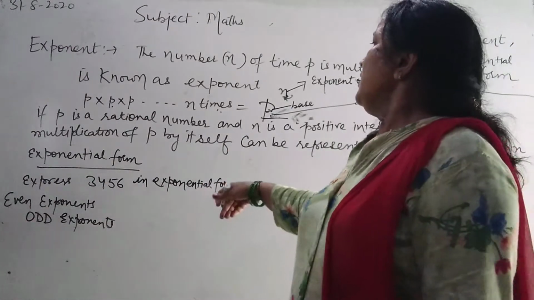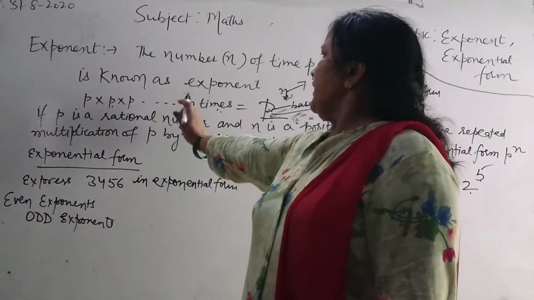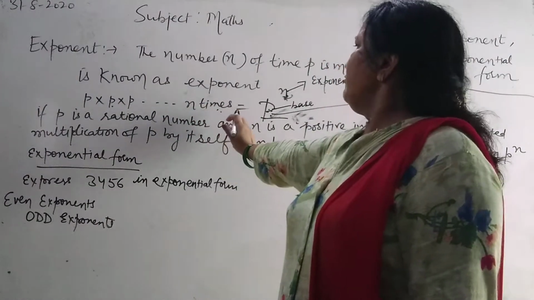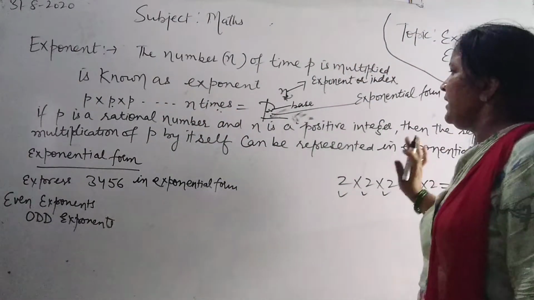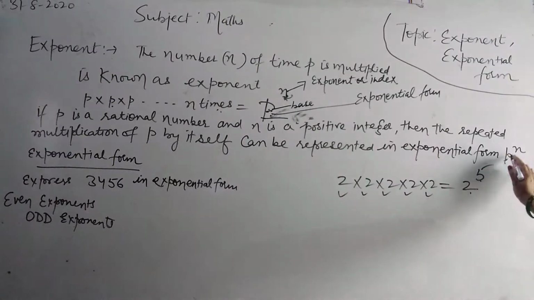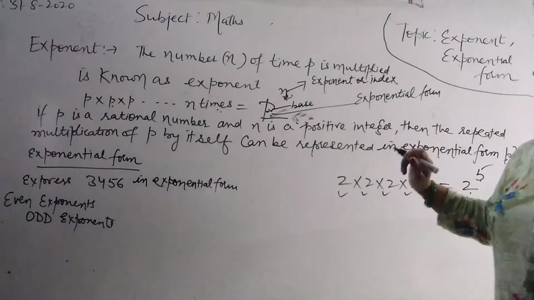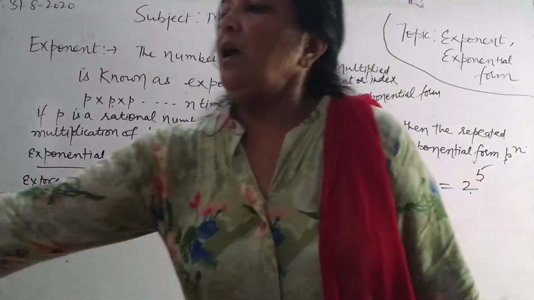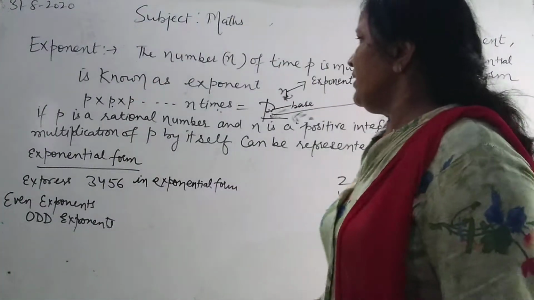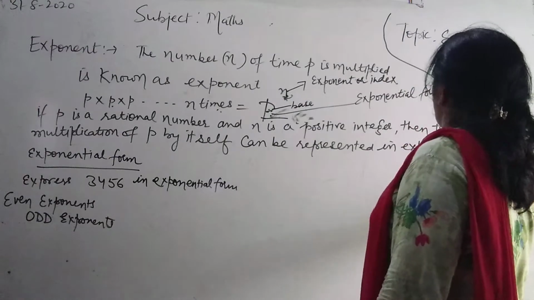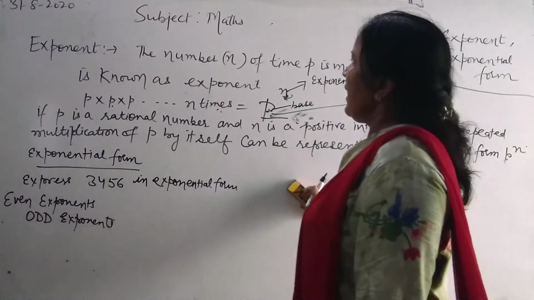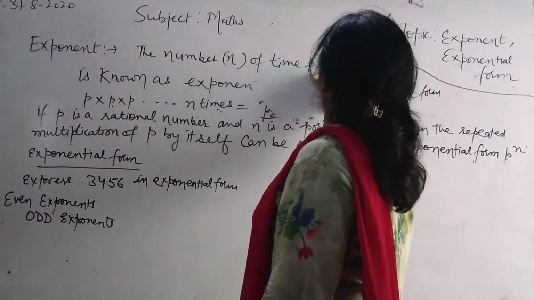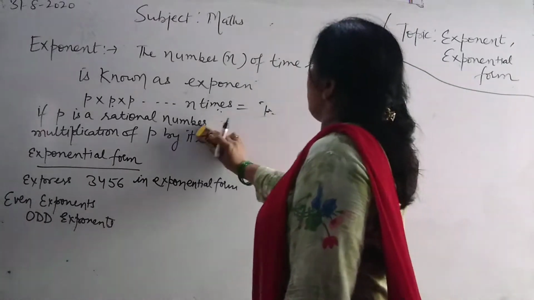We can say the multiplication of p by itself can be represented in exponential form by p raised to power n. Then how do we express a given number in exponential form?